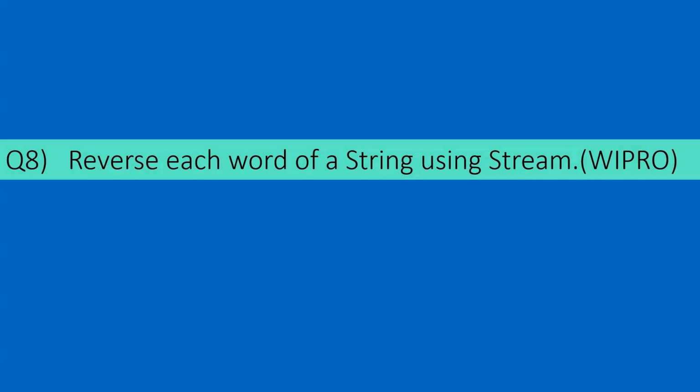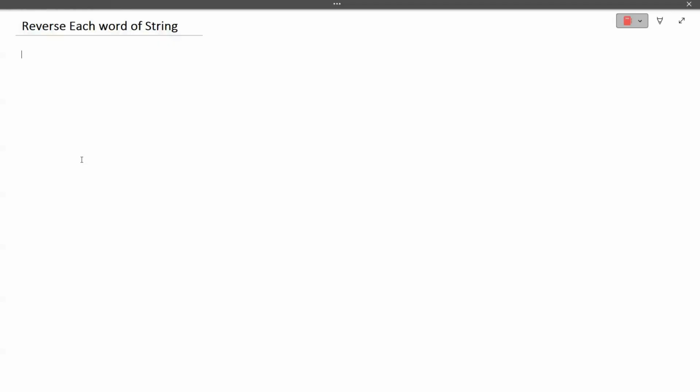Let me show you how we can write the logic for this. To write the logic, first I will create one string. I am going to write string str is equal to "I like Java". Now you can see I have one string and this string has three different words: I, like and Java. Now we have to reverse each word of this string.